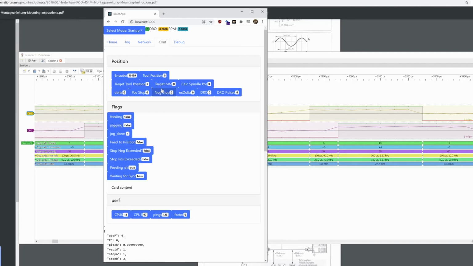Now, this software is doing quite a lot of stuff. It's not only processing the encoder updates, but it's doing step generation, and it's calculating step sizes, and it's trying to figure out how fast the spindle's going, and then how many steps to take with the stepper motor to simulate a lead screw on a lathe. So it's quite intense on the calculation side.